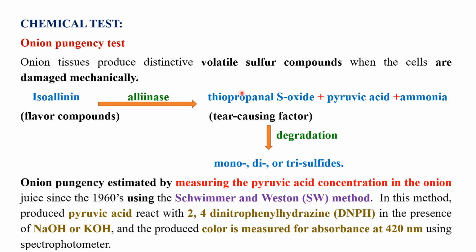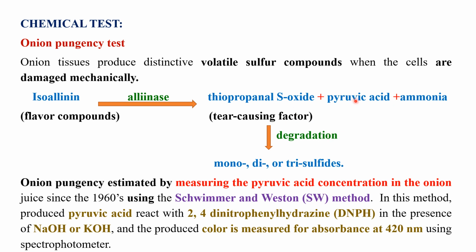Also, another technique is to dip your knife in oil before chopping the onion. The oil on the knife will prevent the action of the alliinase enzyme, which needs moisture to work properly to convert isoalliin to thiopropanal S-oxide. So those are the two major techniques to decrease tearing while chopping the onion.